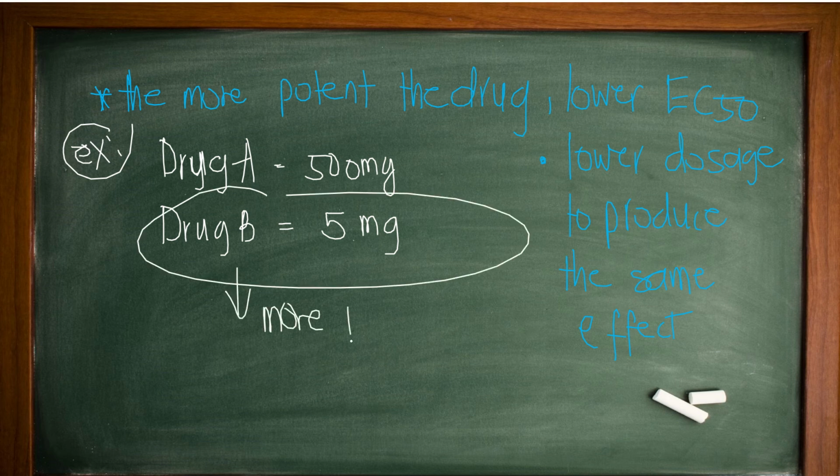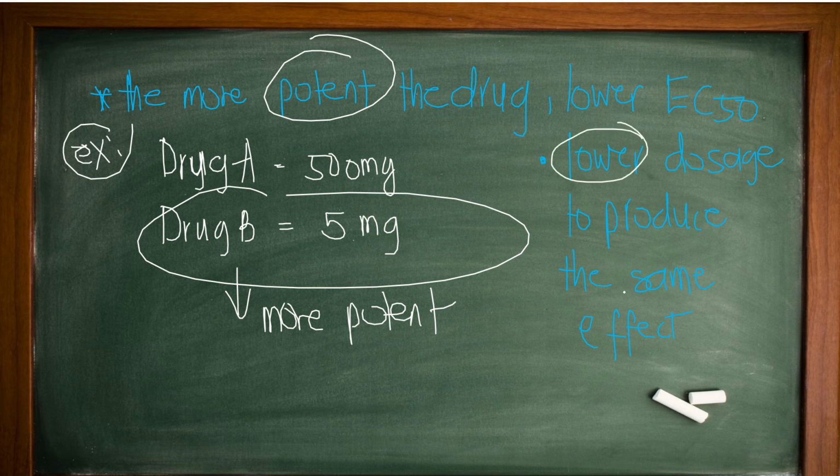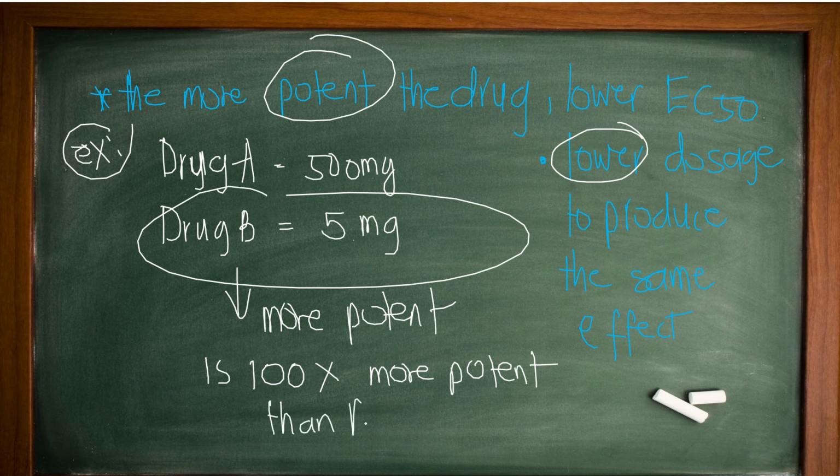Remember, the more potent the drug, the lower the dosage to produce the same effect. So, drug B is more potent. Ng ilang beses? Drug B is 100 times more potent than drug A.